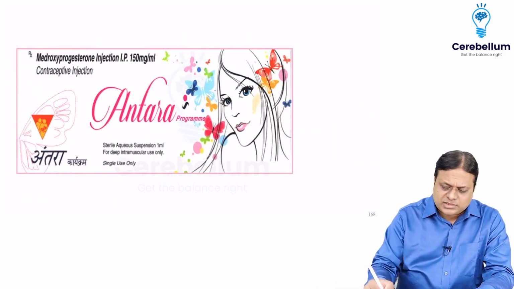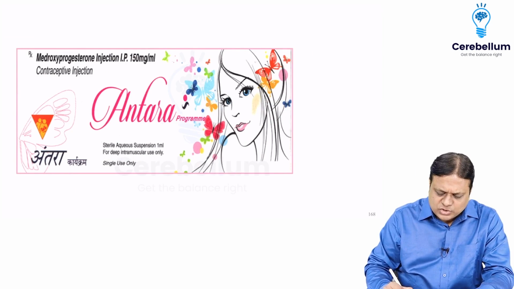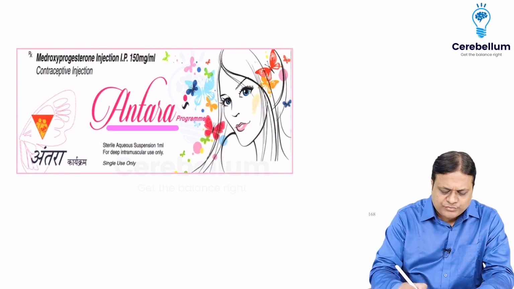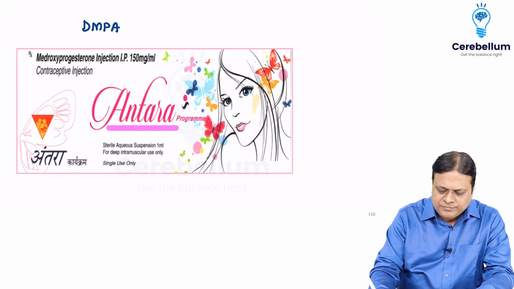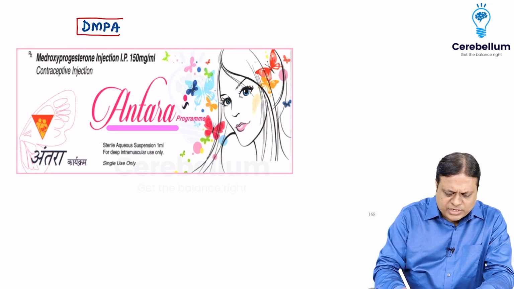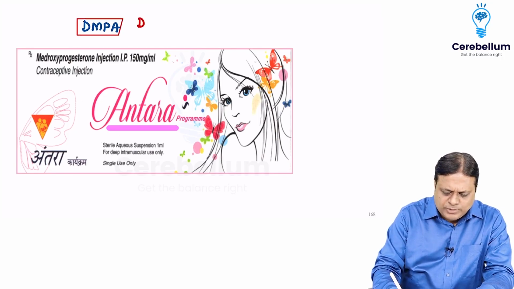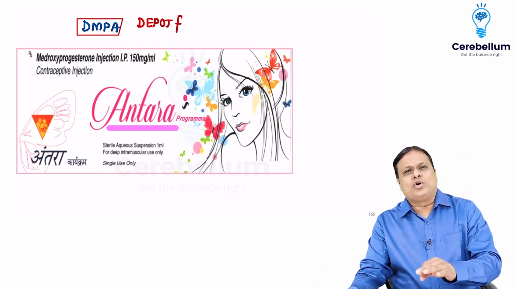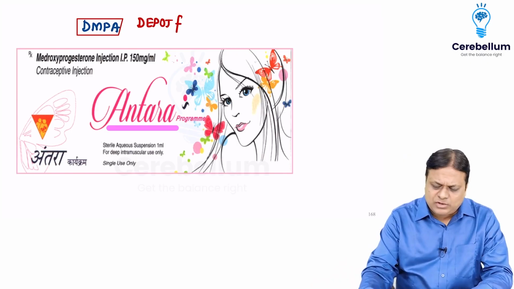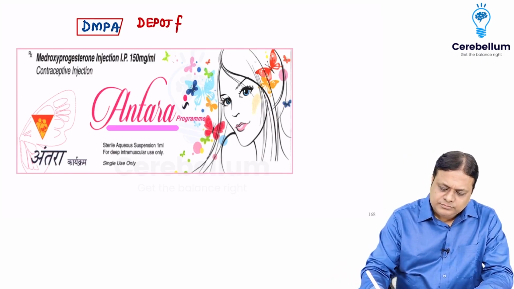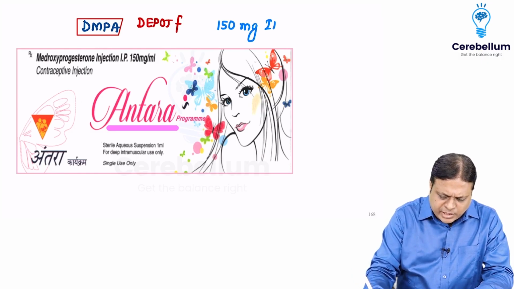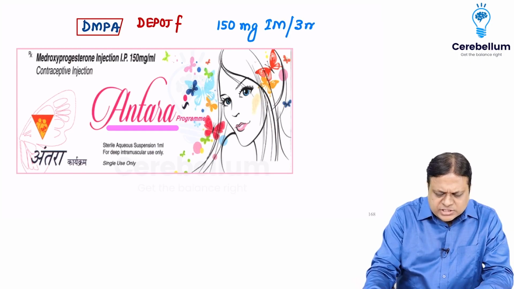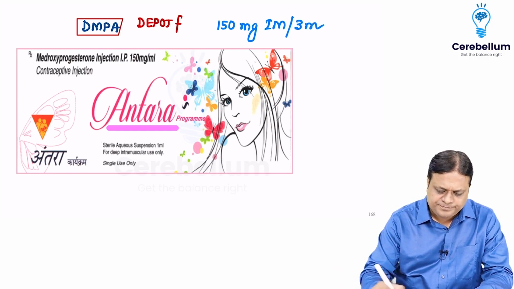This is Antara. Antara is actually a rebranding of the older DMPA contraceptive. Which category of contraceptives does DMPA belong to? This is a depot formulation, an injectable hormonal contraceptive given in a dose of 150 milligram intramuscular injection once every 3 months.